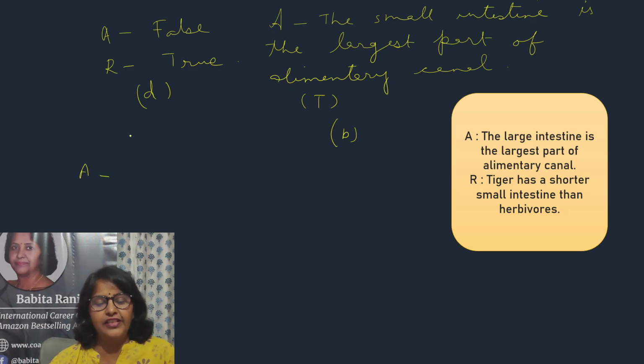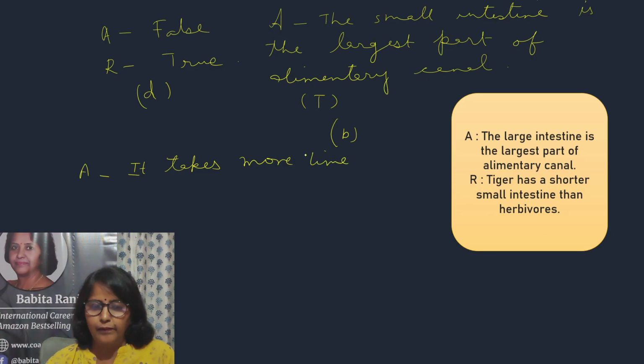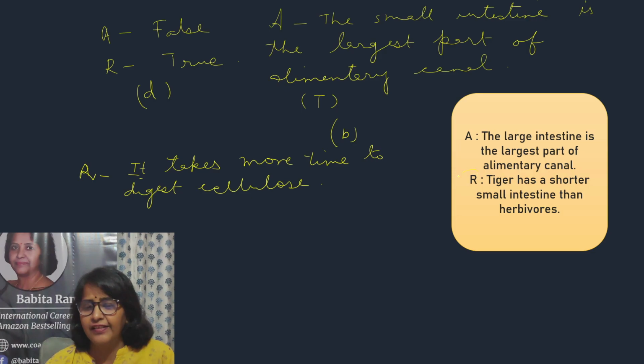If I change the assertion statement to, it takes more time to digest cellulose. Let me make it the reason and change this as assertion. So what will happen?